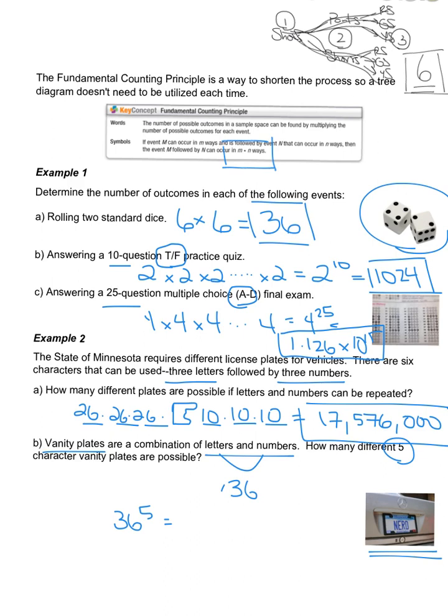Again, the fundamental counting principle says we multiply everything together, and we are going to get 60,466,176 different 5-character vanity plates are possible. And that, you guys, is basic counting for the start of the unit.